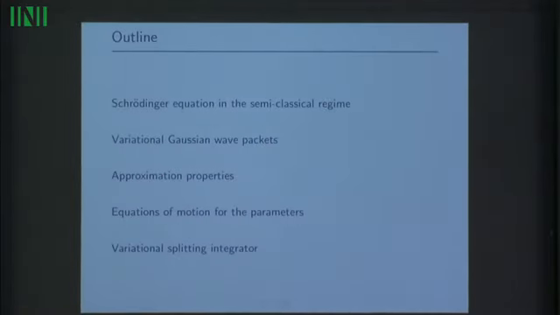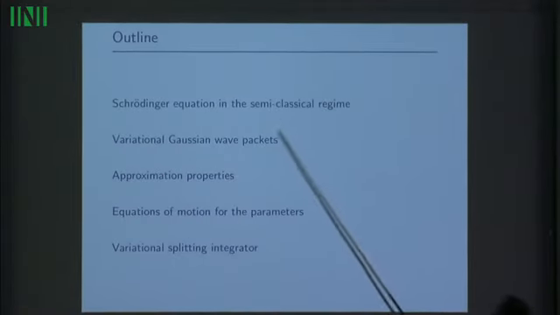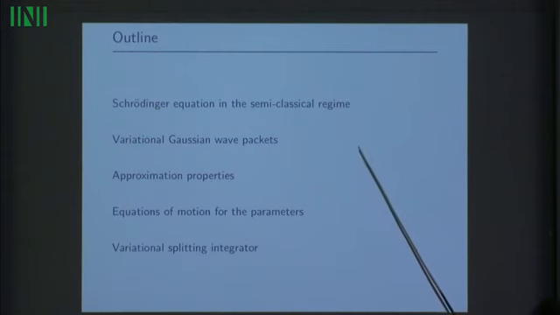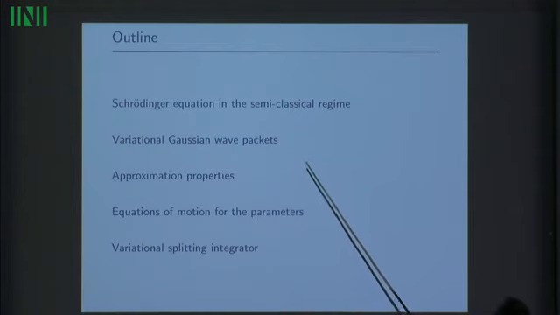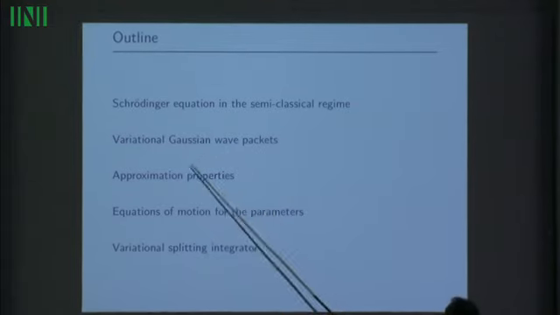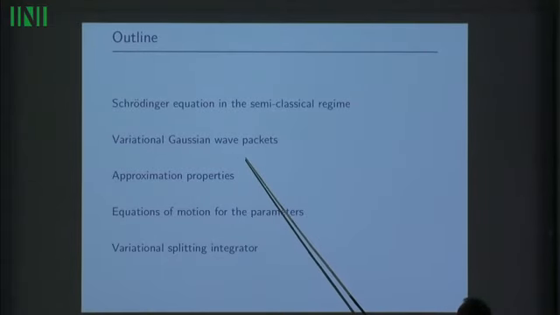And well, here's the outline. I will first tell you about the Schrödinger equation in what is called the semiclassical regime, which is a particular singularly perturbed scaling. This scaling makes it necessary to use particular methods which behave well with respect to the scaling parameter, and variational Gaussian wave packets is what I will describe here.